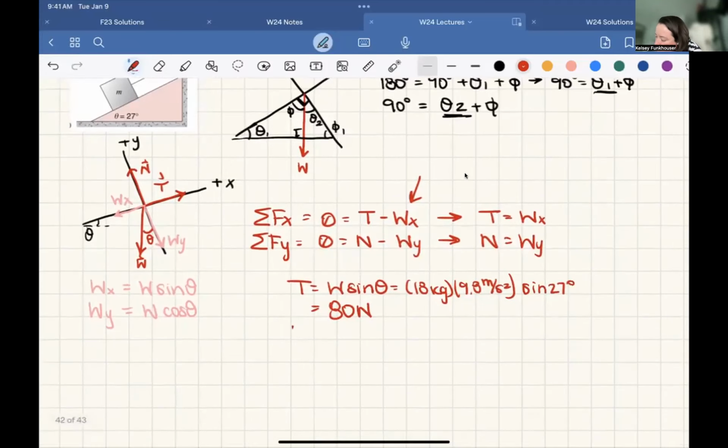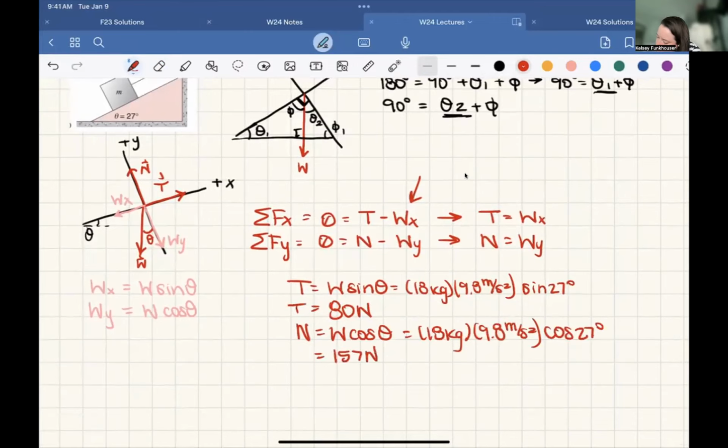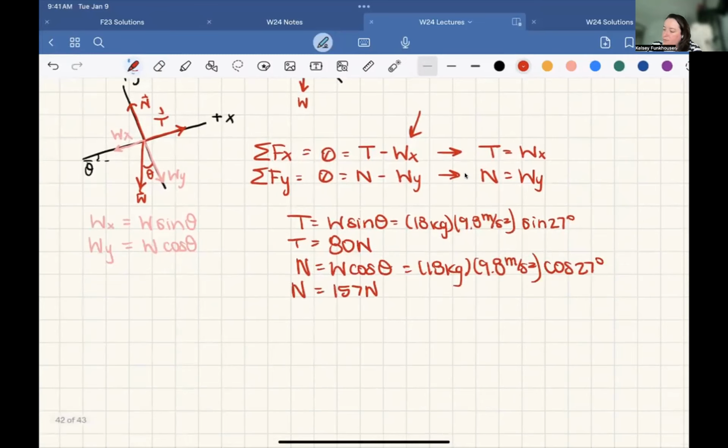And then we have the weight, or sorry, the normal force, which is the weight times cosine of theta. That is, again, 18 kilograms, 9.8 meters per second squared, cosine of 27 degrees. And that is 157 newtons. So that's the normal force and the tension, sorry.